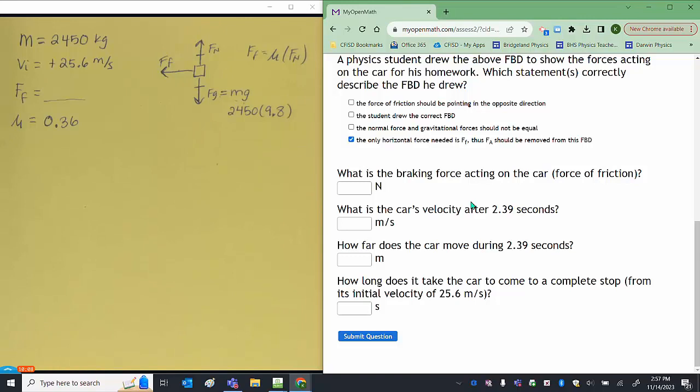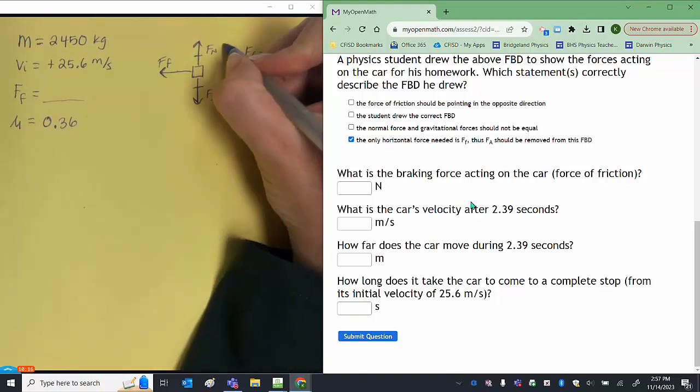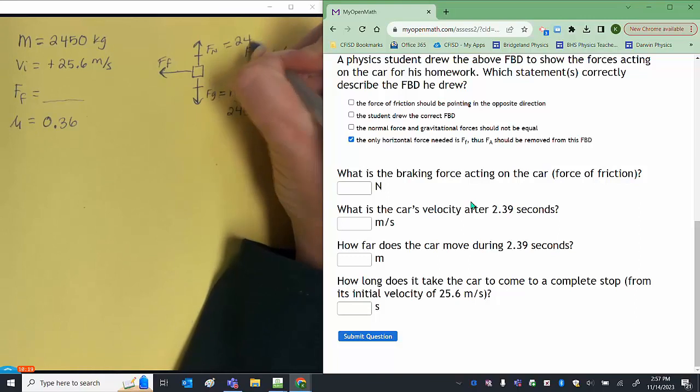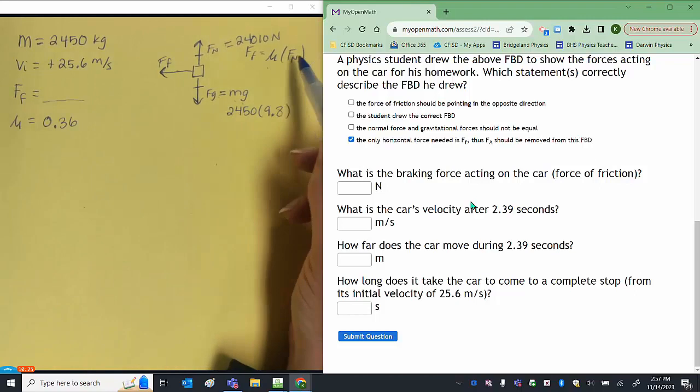So 2,450 times 9.8 gives me not just Fg but also Fn, and that Fn is equal to 24,010. So 24,010 newtons is my normal force, and that number can go into this equation here.